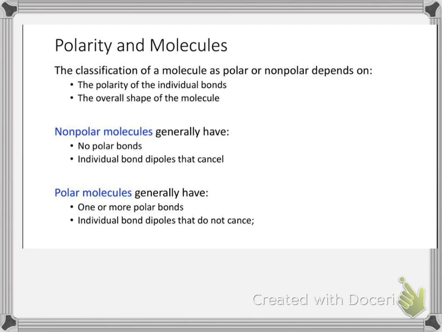The word polar in bonds means that you have a separation of the charge. Remember, it means that one side has a little more electron cloud and becomes negative, and the other one is positive. So it's unequal around the bond, and in a polar molecule, the electron cloud is also unequal around the whole molecule.